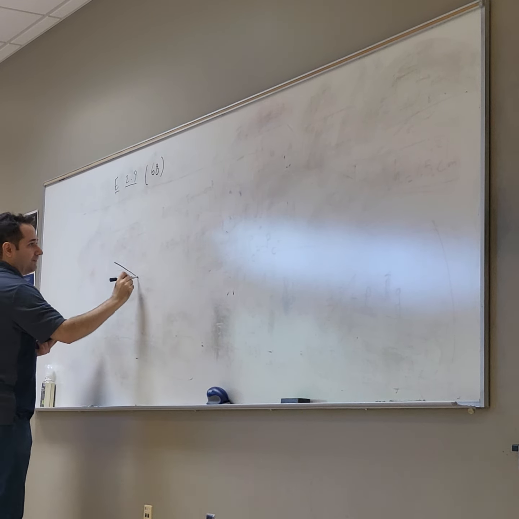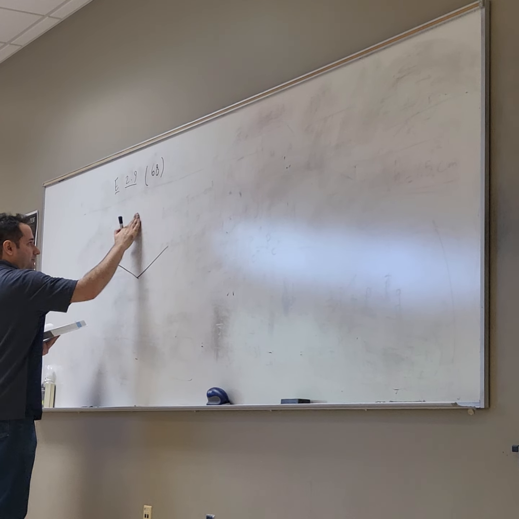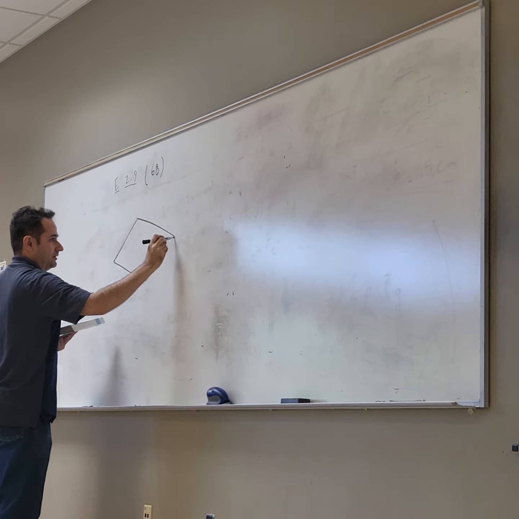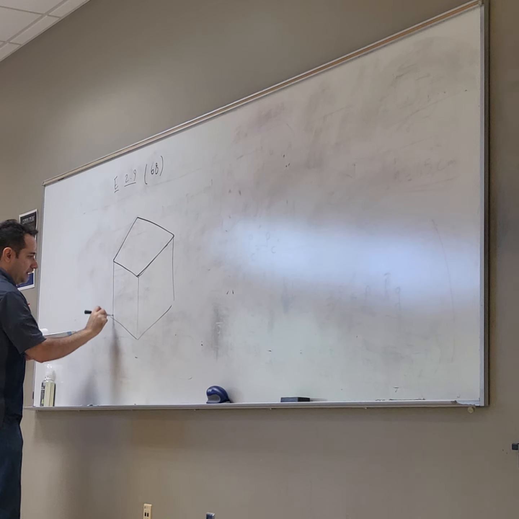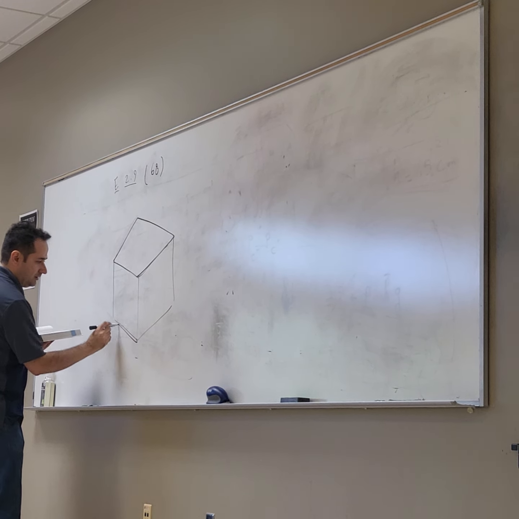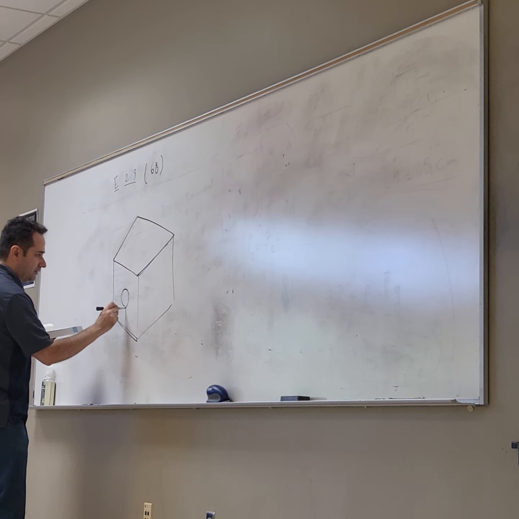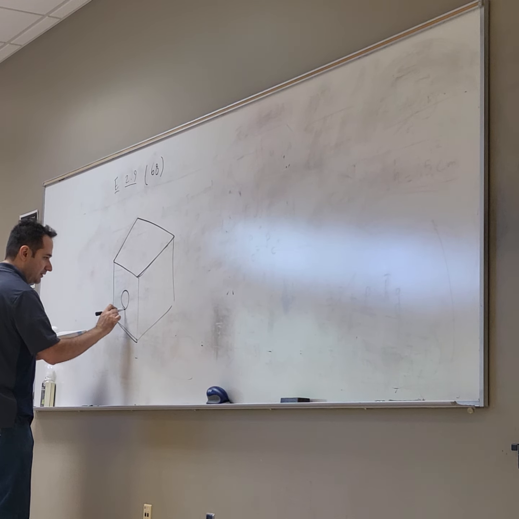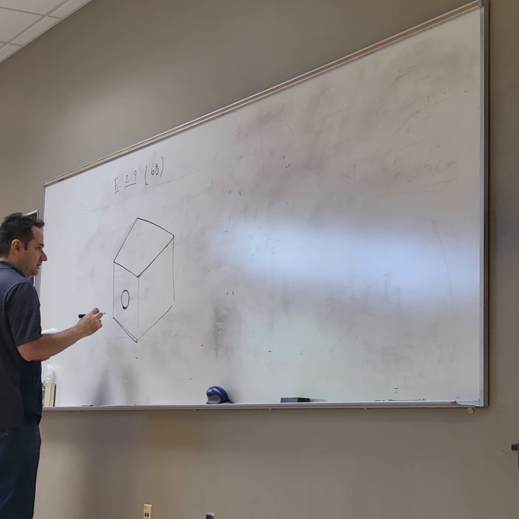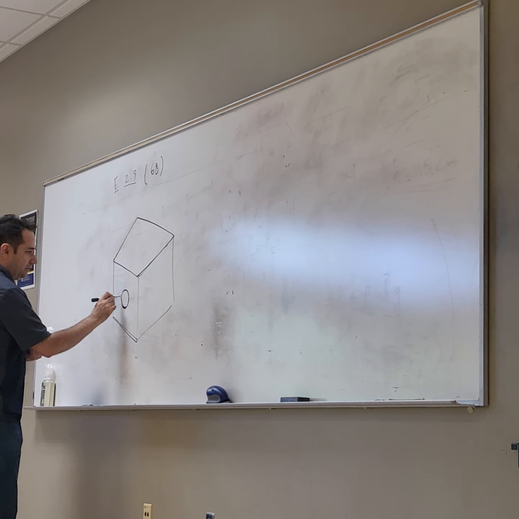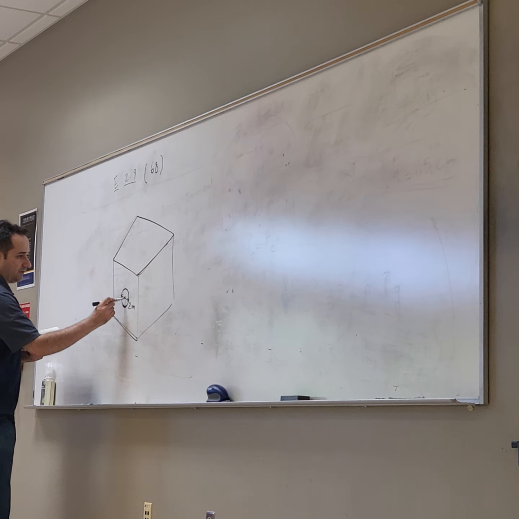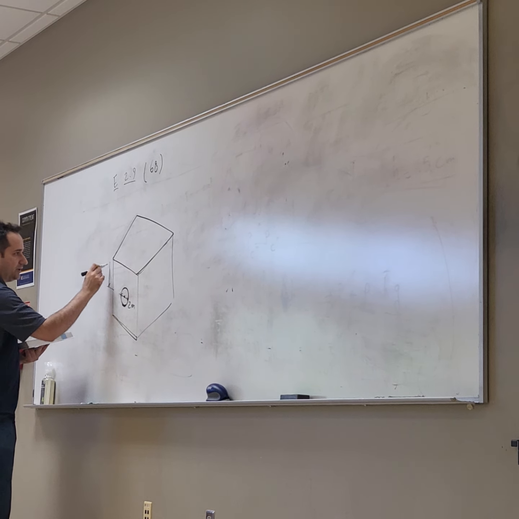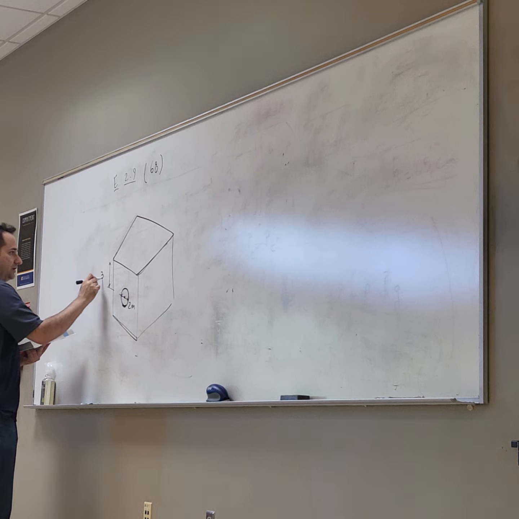So basically you have a tanker, and there is a circular window. The diameter of this is 2 meters, and the centroid of this window is submerged at a depth of 3 meters.